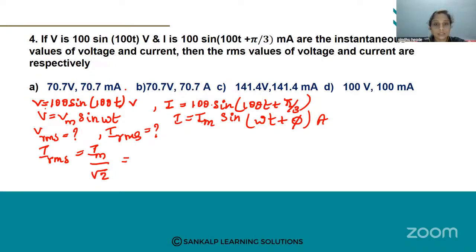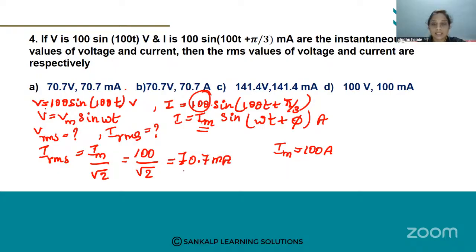Compare this one. Here in the Im place 100 is there. So Im is equal to 100. Then substitute this in the place of Im, that is 100 divided by square root 2. What do you get? You get 70.7 milliampere. This is the answer.